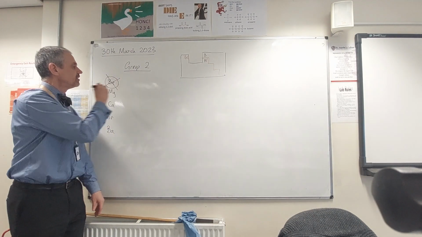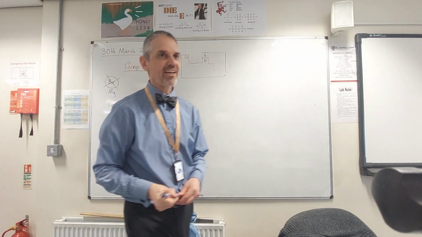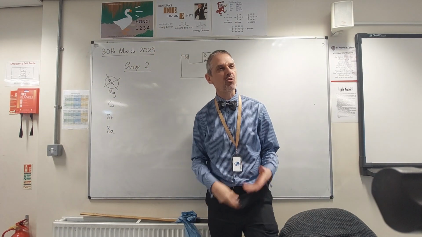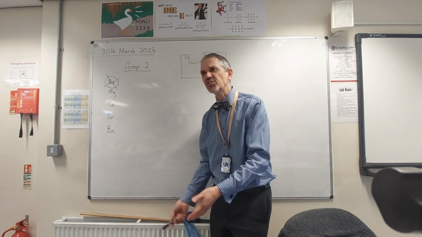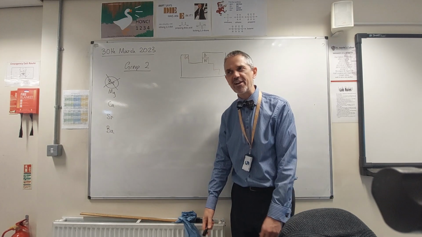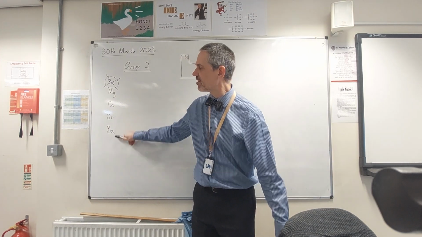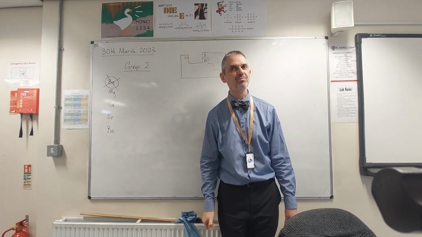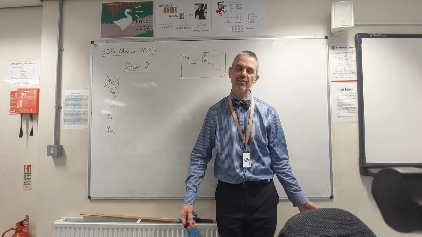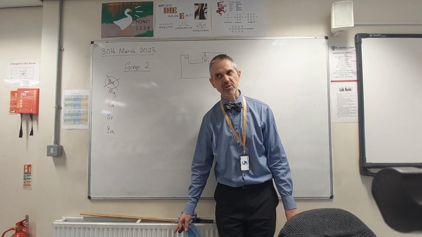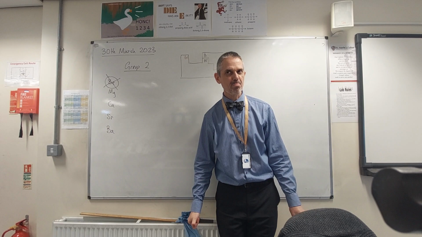So whenever I'm talking about trends, solubility and different reactions, I'm going to focus on magnesium to barium. Beryllium's odd and not on the syllabus, so we're just going to ignore it.